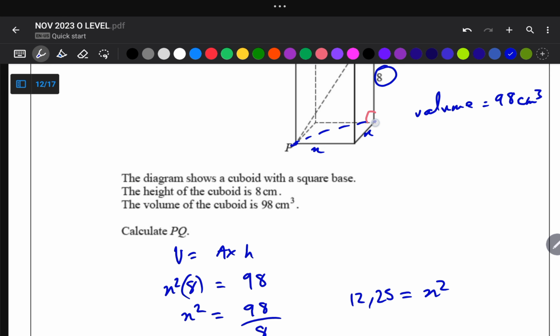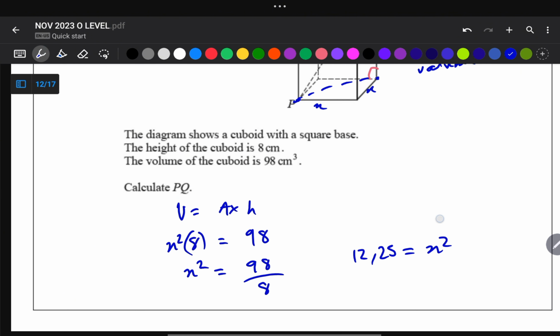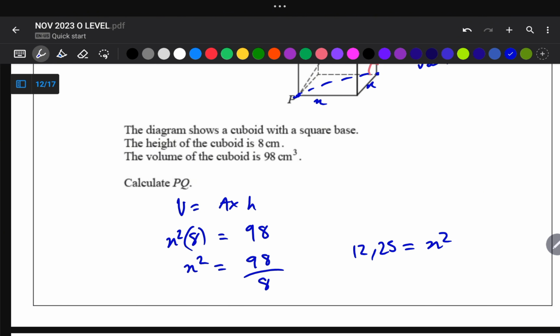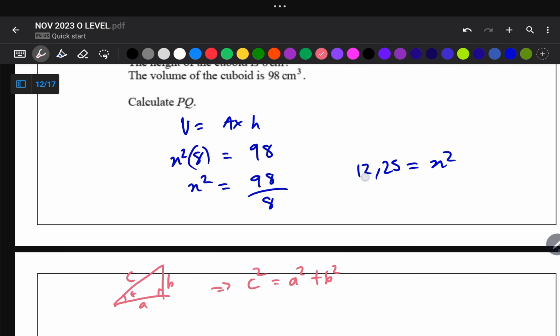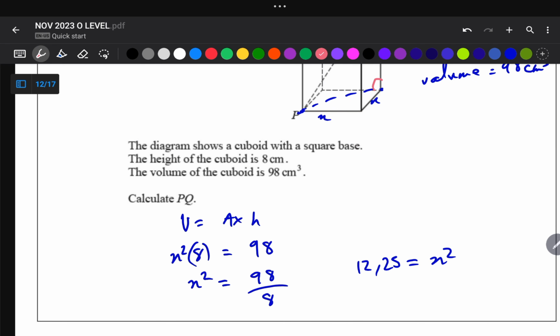And we want to find the value of the length from this point to this point here. So we are going to use Pythagoras theorem. So Pythagoras theorem states that if we are having a right angled triangle like this, and this is our angle theta, this is 90 degrees, and we are having C here, A here, and B here, then C squared will be equal to A squared plus B squared. So we want to find the value of this hypotenuse from P to this corner here.